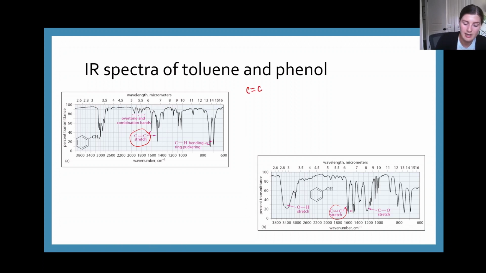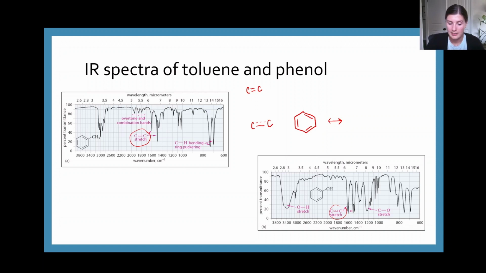You might notice that on the spectra, they've drawn the carbon-to-carbon bond here as one single bond and then a dashed bond. And that's because the carbon-to-carbon bonds in benzene rings are in between a single bond and a double bond.